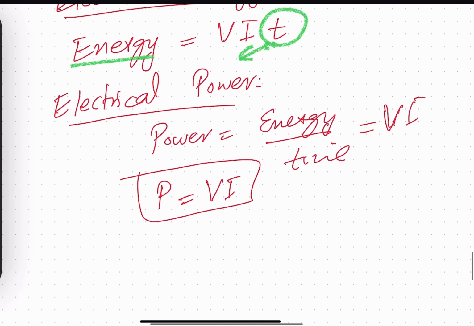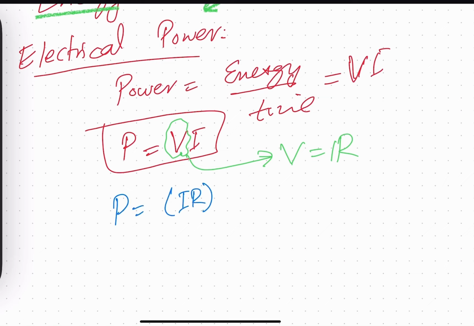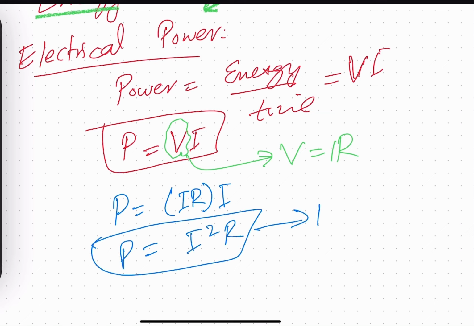So that is our relation, P equals VI, for power. This is the first relation. We have two other relations for power as well. We can put V equals IR. If we put this, then we will get P equals IR times I, so it will be I squared R. This is also power, used for power loss.